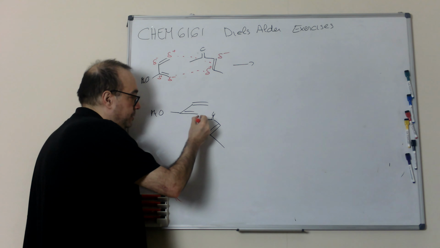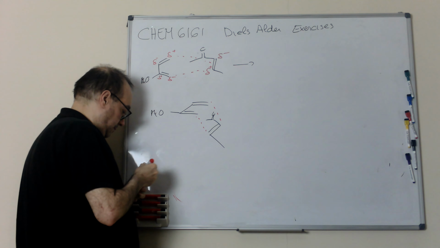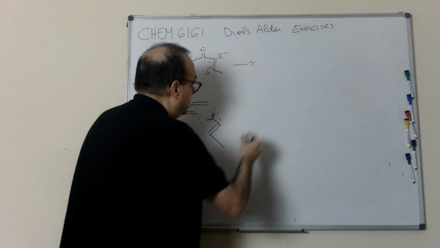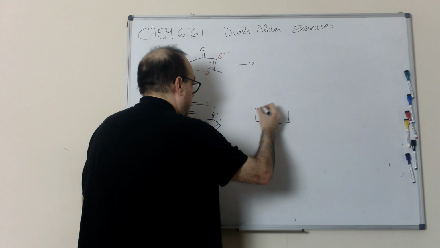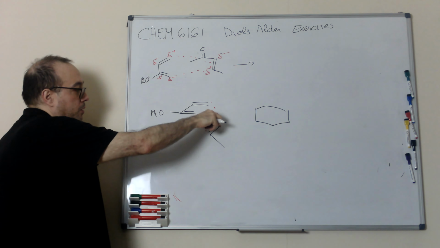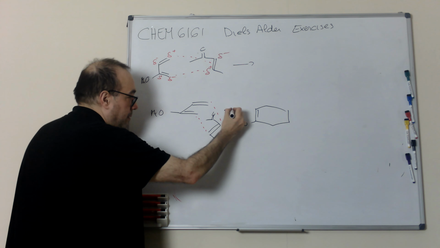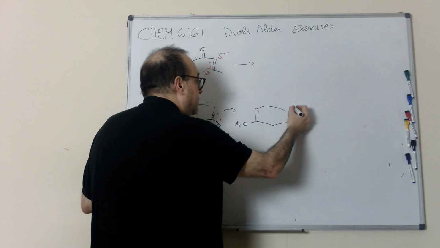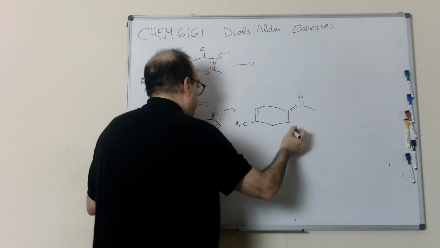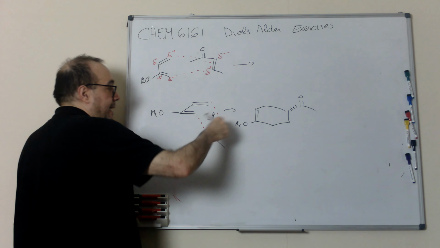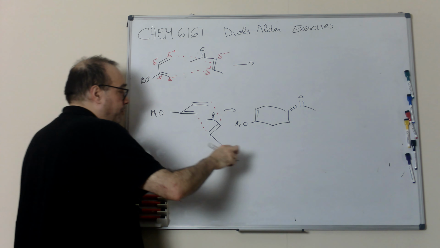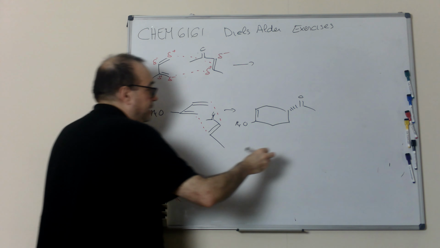If I do the reaction, what do I get? I am forming this bond from the top. That means that the ketone will be inside, and if I am forming this bond from the top, the methyl will be in front of us.